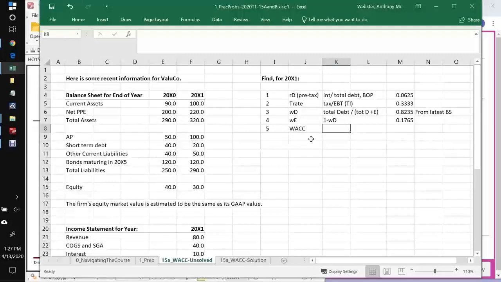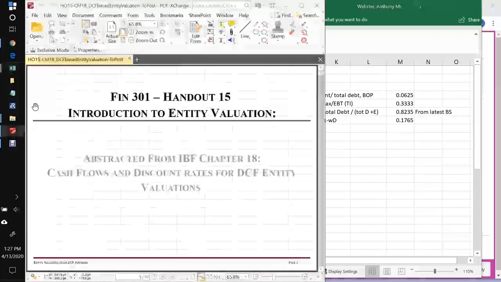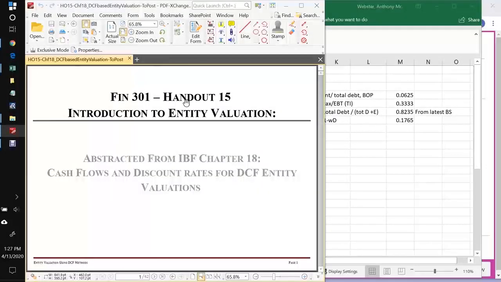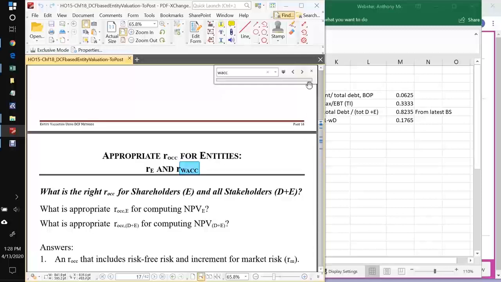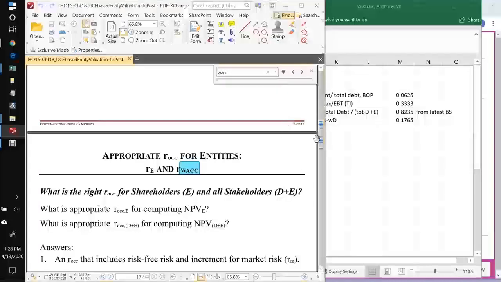So as always, if we don't know what something is or where to get it or what its formula is, what we want to do is jump back either to our concepts, definitions, and formulas handout or just the original handout itself. And in this case, let's say we completely forgot what the weighted average cost of capital is. So we just go to one of those two handouts and look it up.